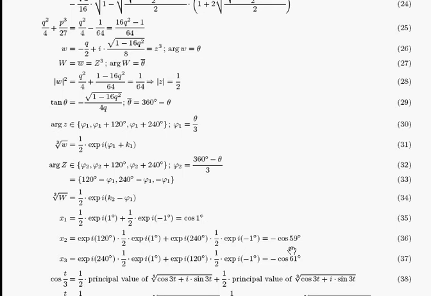It is the opposite of the cosine of 180 minus 120, the minus cosine of 59. Similarly, x3 is 241 degrees.